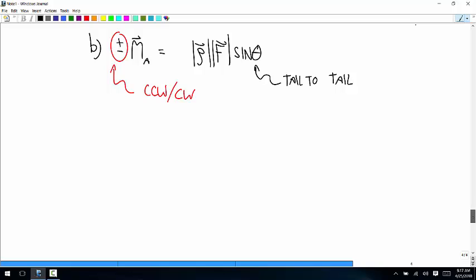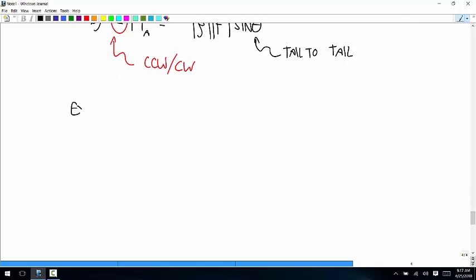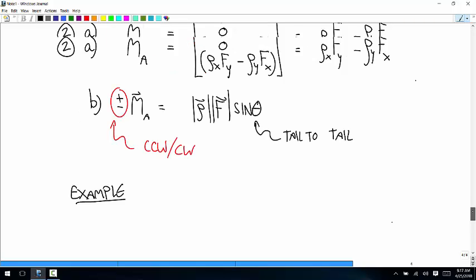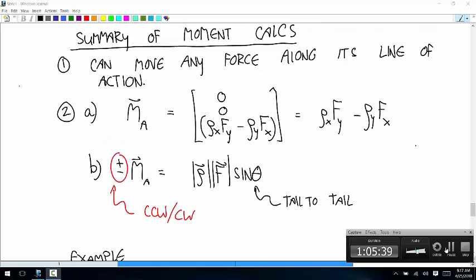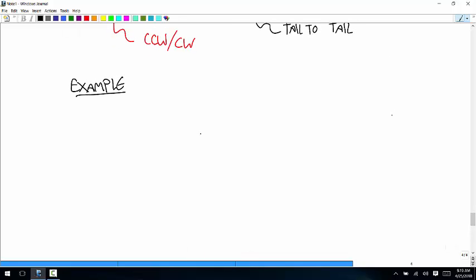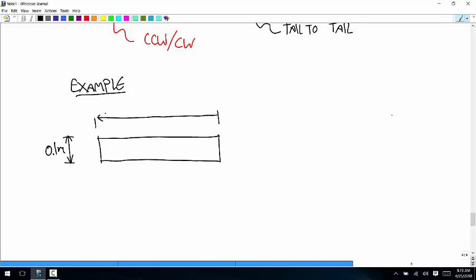Okay, so here's an example. Let's do this one on the board. Let's say this is 0.1 meters. This is 0.5 meters. This is where it rotates around, that's the hinge.